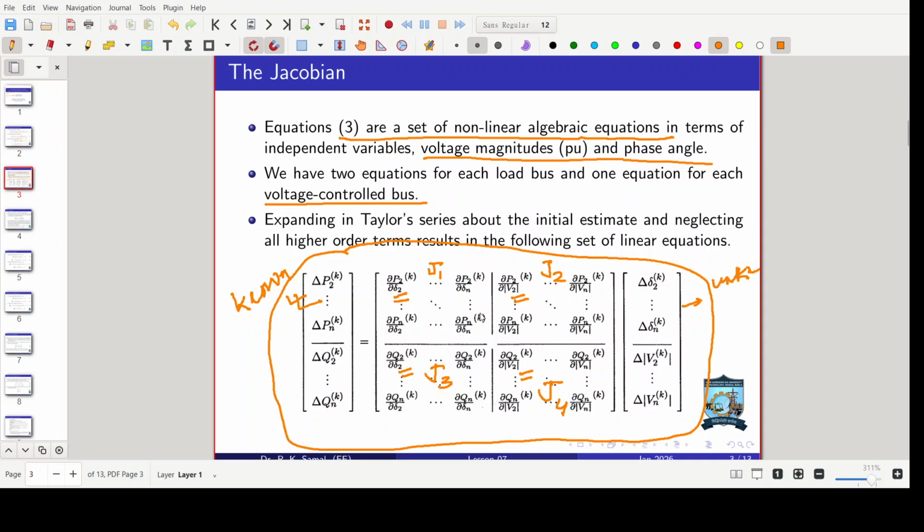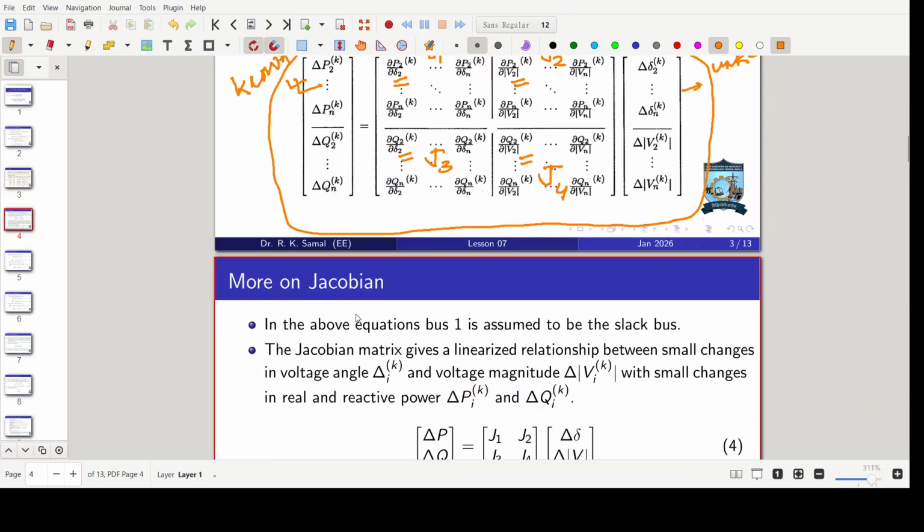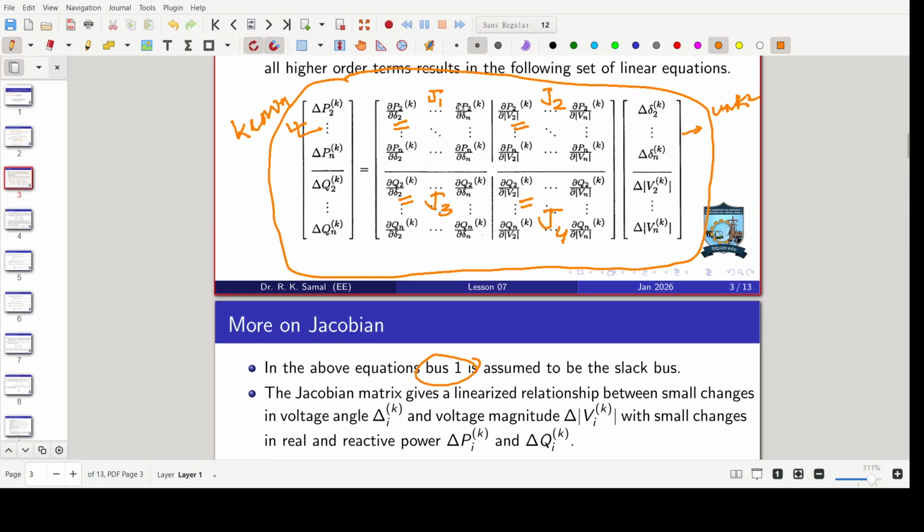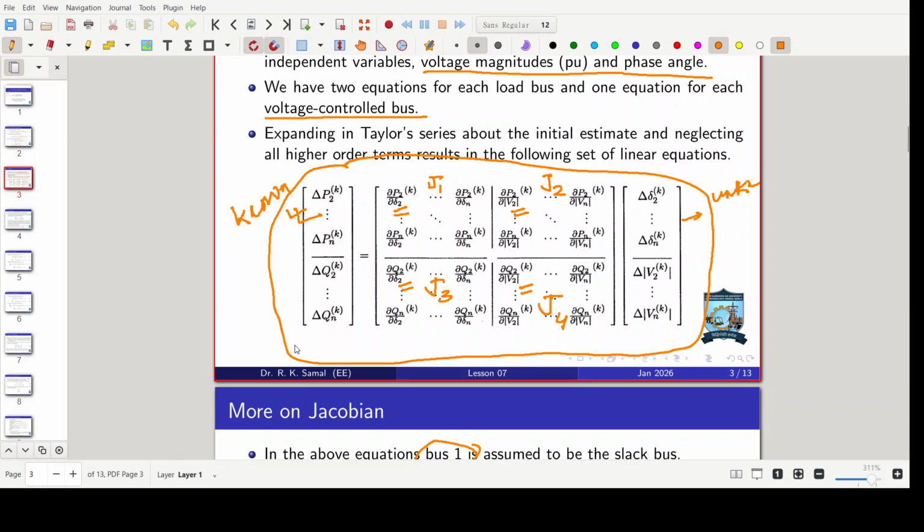Now we know that these unknowns can be obtained by taking the inverse of the Jacobian and multiplying it into the scheduled powers. Moreover, in the above equation, bus 1 is assumed to be the slack bus, because you don't see any equation for dou P by dou delta 1.